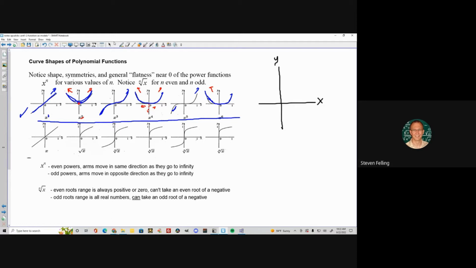If I have the function y equals x squared, that has this shape right here. And remember, if you ever need to graph something and you don't have a calculator handy, you could always just pick values, plug them in, and see what you get as an output. 4, 1, 2, 0, 1, 4, and graph it that way with points. Okay, so that's y equals x squared.